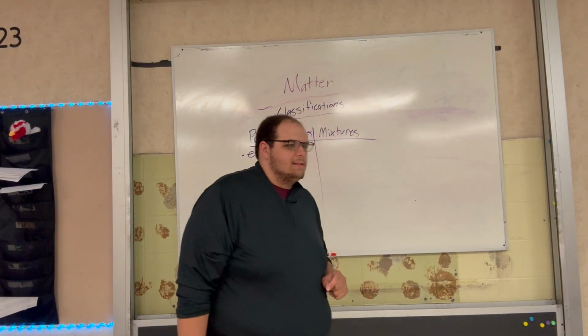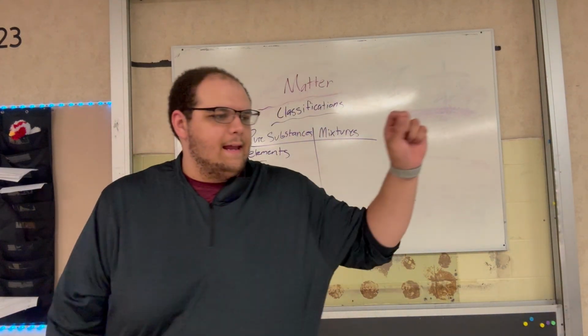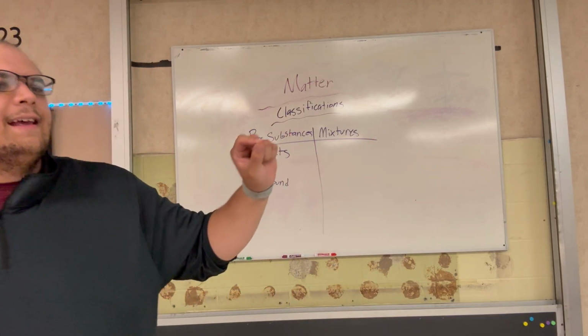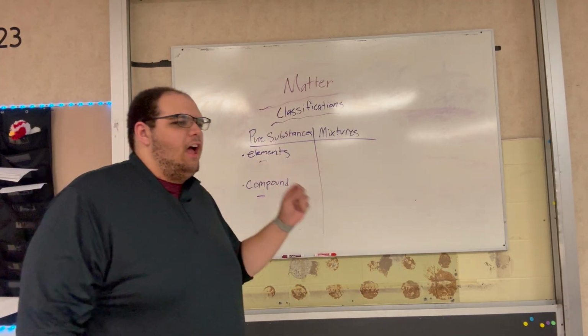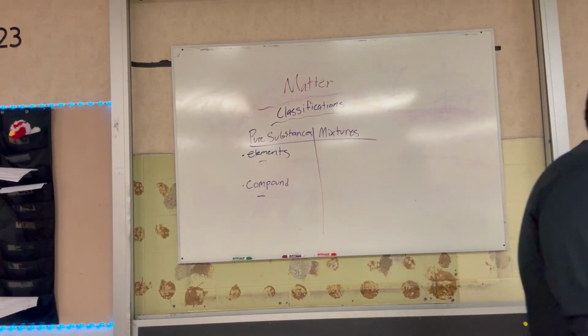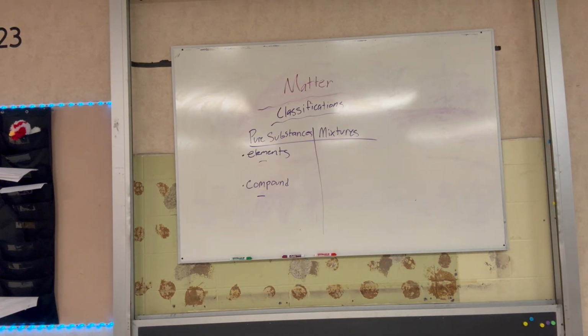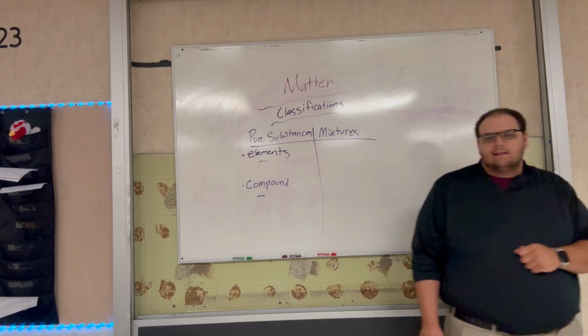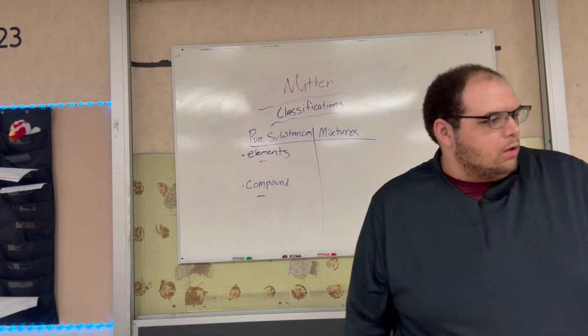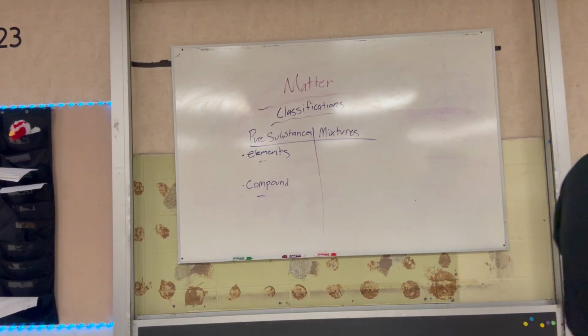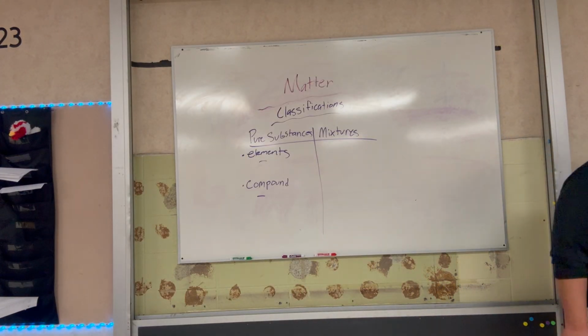Pure substances can be broken down into either being an element or being a compound. An element. Where do I get elements from in chemistry? The periodic table of elements. This wonderful map of elements right here called the periodic table. I gave all of you one of those yesterday. Every square on a periodic table is one element.